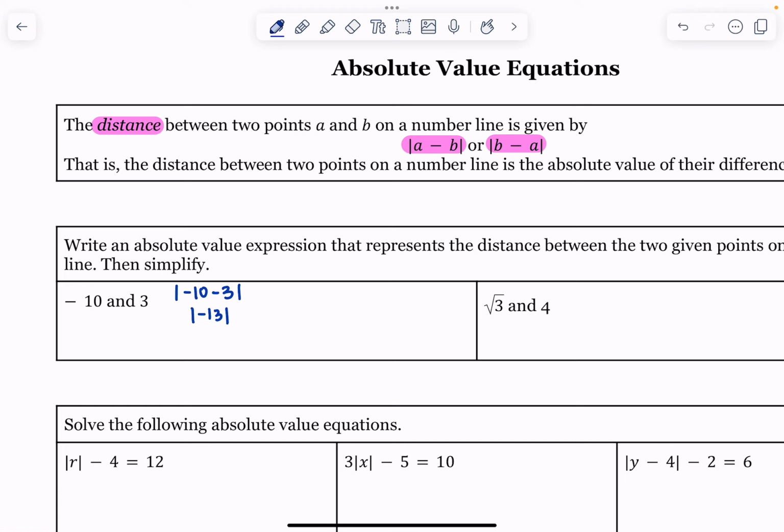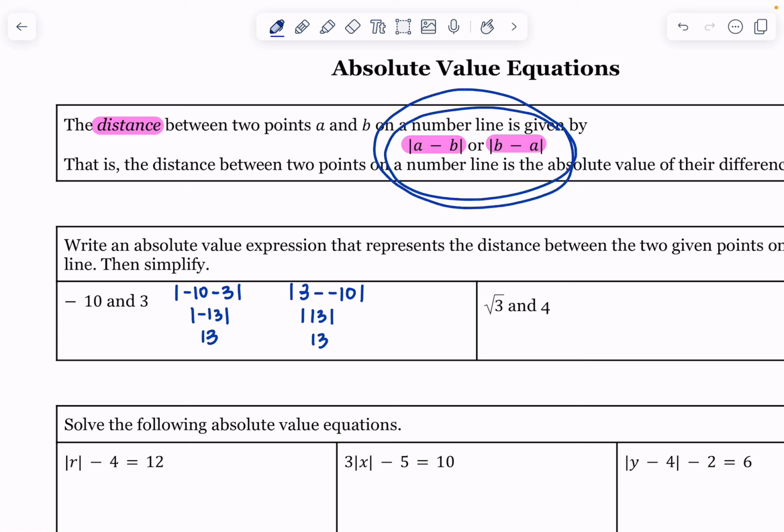And the absolute value of negative 13 would just be 13 because negative 13 is 13 steps from 0. And I just wanted to prove a point that if we did the absolute value of 3 minus negative 10, we would have the absolute value of 13 because that 3 minus negative would be 3 plus. And then that is also 13 steps from 0. So up here we kind of talked about it, but if you take the absolute value of B minus A or A minus B, you're going to get the same result.